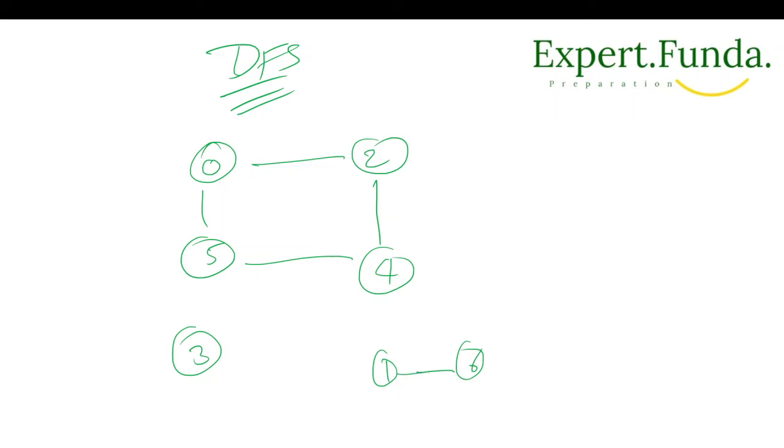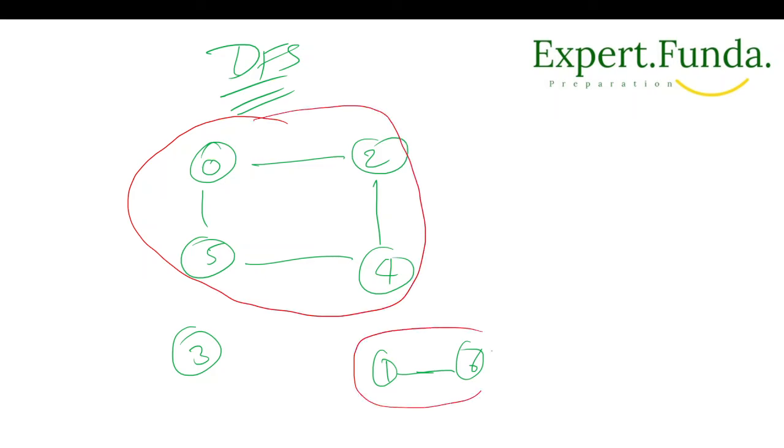So these nodes are connected, and there are 3 components with 7 nodes in this graph. If we count all these nodes, from 0 to 6, that means 7 nodes, right? Let me change the color. So this is our first component, this is our second component, and this is our third component, right?